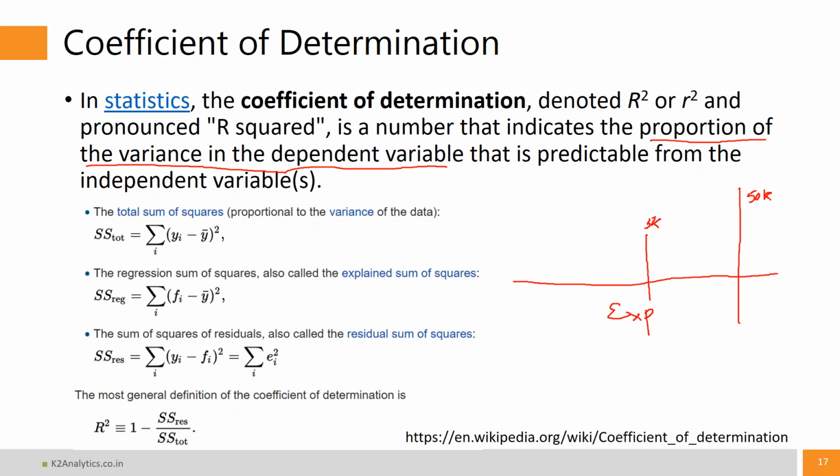Is the concept clear? Variance is a measure by which I can say how dispersed the data is. If there is a high variance, the data is more dispersed. If there is low dispersion, the variance will be low. So first, let's understand this variance concept.